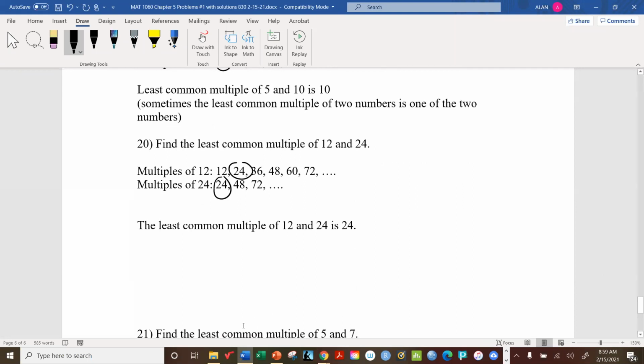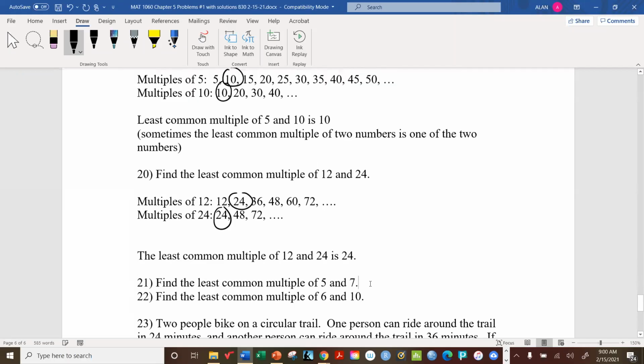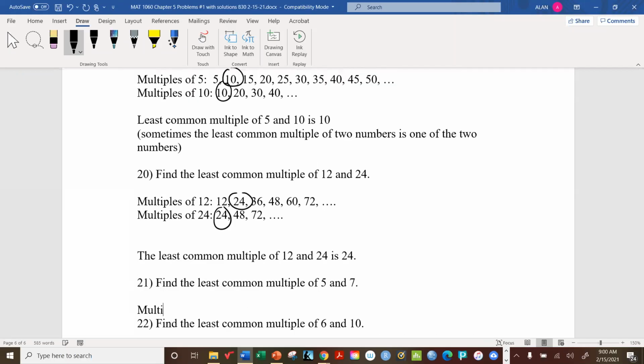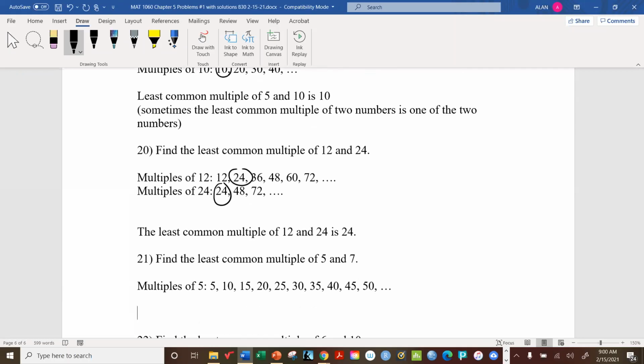Okay, let's try 5 and 7. So there's 5. Multiples of 7: 7, 14, 21, 28, 35. Oh, here we go. I found it. That one took a while.